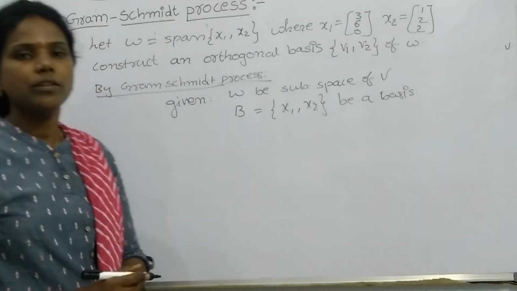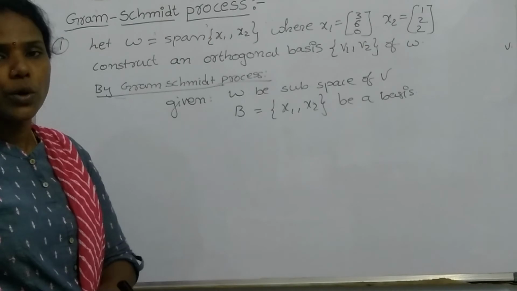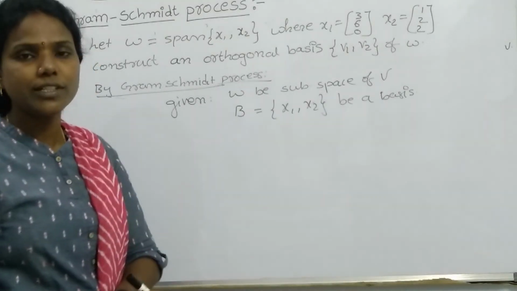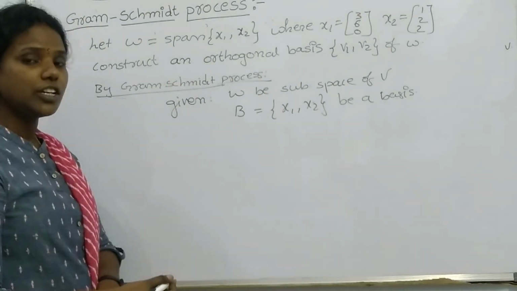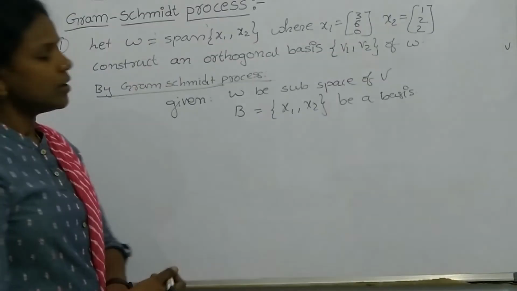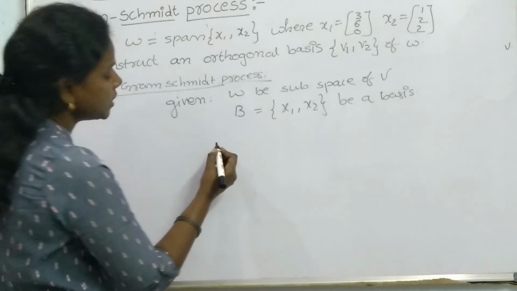These two are given. Now we need to find an orthogonal basis for W. We have to construct an orthogonal basis for W. How can we construct it? We know the formula for the orthogonal basis.